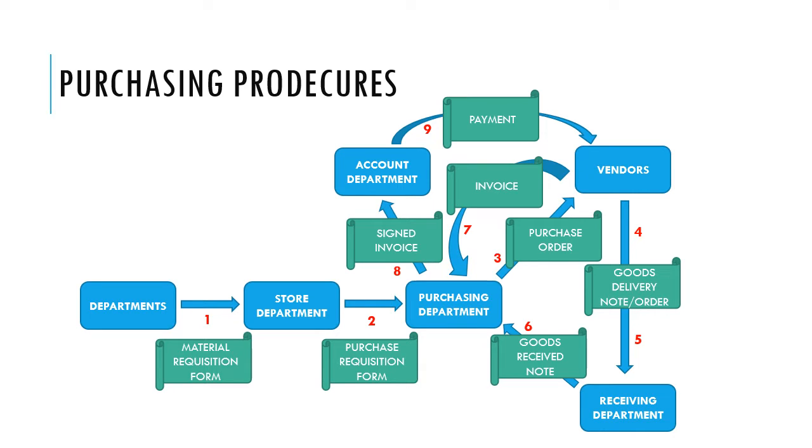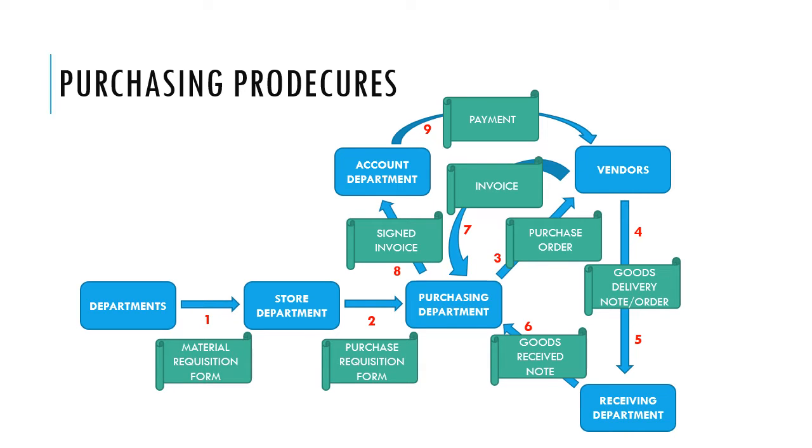So the storekeeper will check in their store department and see whether material A is available or not. And if material A is available in store, then the storekeeper will issue the material A and give back to production department. But let's say the material A is unavailable or has completely used up.